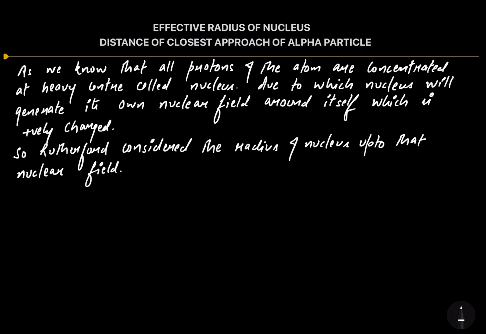So in the previous lectures we have learned about the alpha ray scattering experiment and the potential energy. We are going to apply that concept in finding the effective radius of nucleus. So what we are going to do in this experiment?